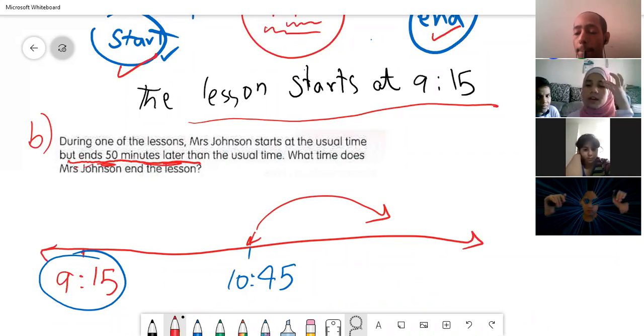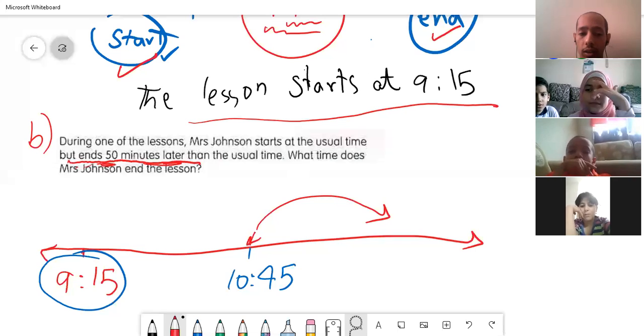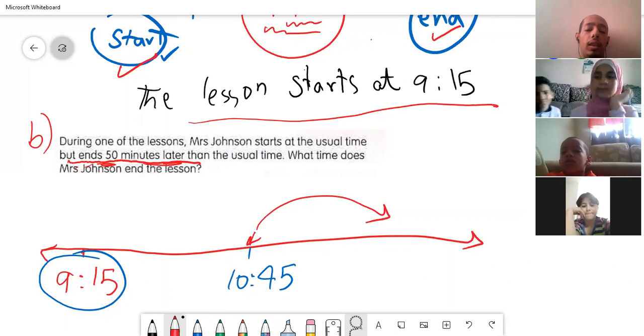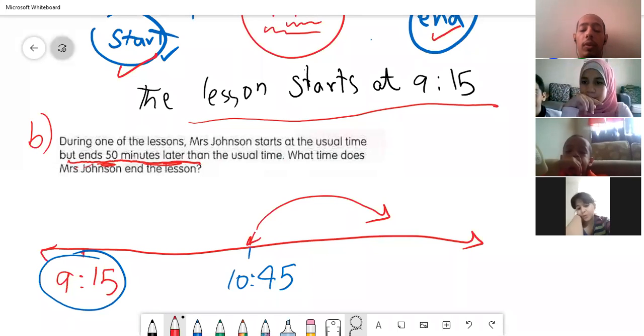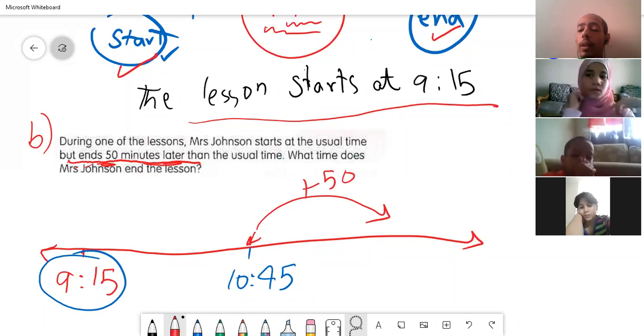Did you get it? Not yet. So, okay. He was supposed to end the lesson at what time? 10:45. But he didn't finish at that time. He added 50 minutes more to the normal time of the lesson.